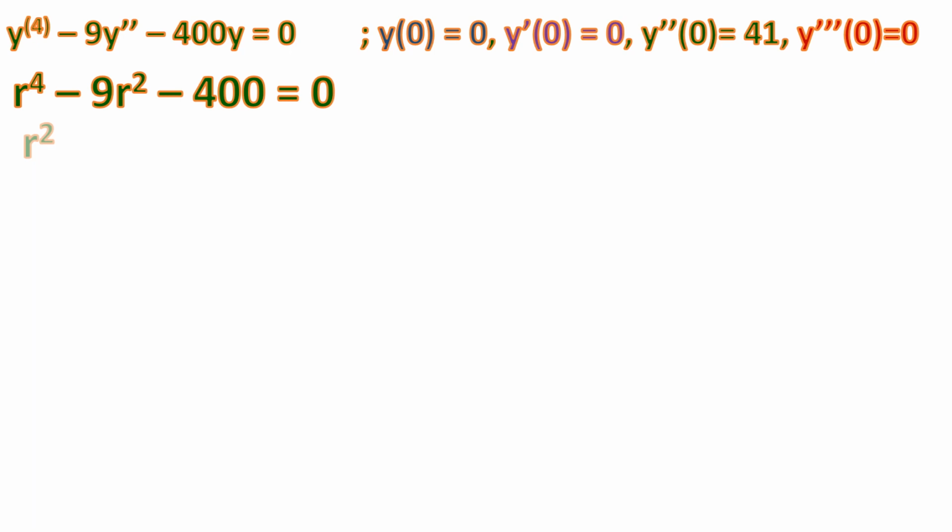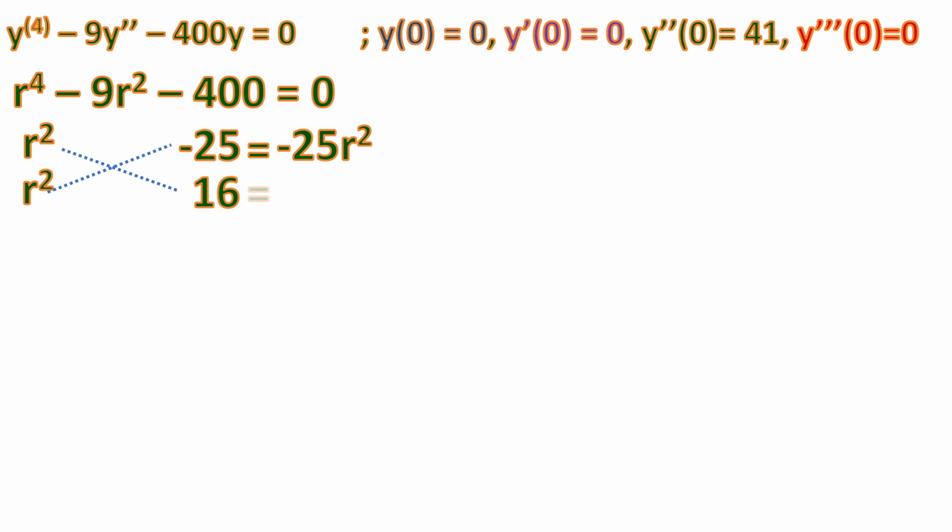And so we're gonna factor this r to the fourth as r squared and r squared. And for the negative 400, we're gonna do trial and error until, if you cross multiply, you get a sum of negative 9. And so we have negative 25 and 16, because if you cross multiply that, it will be negative 25 r squared and 16 r squared.